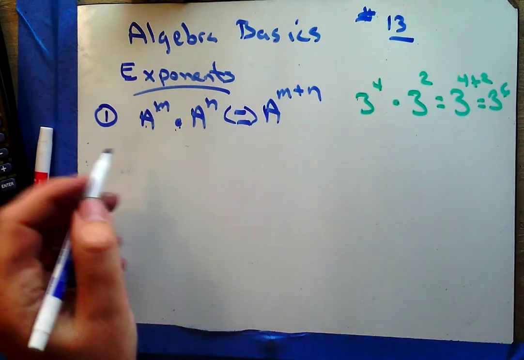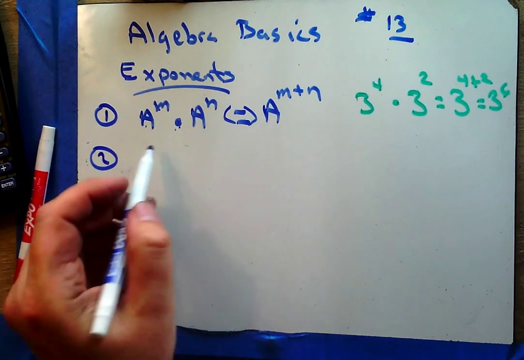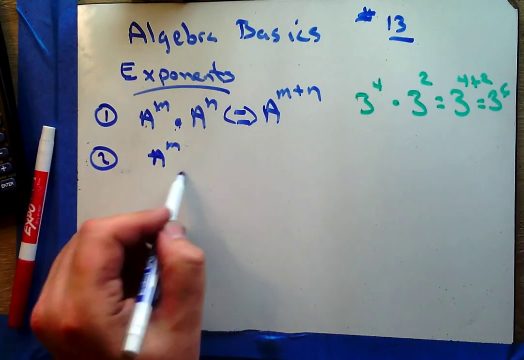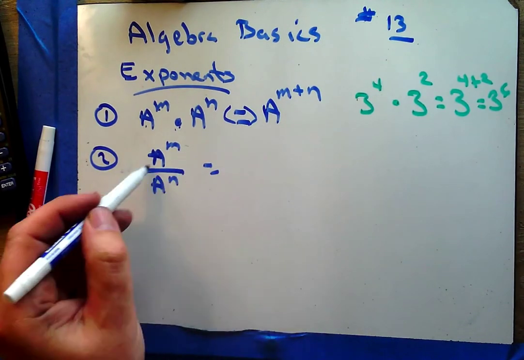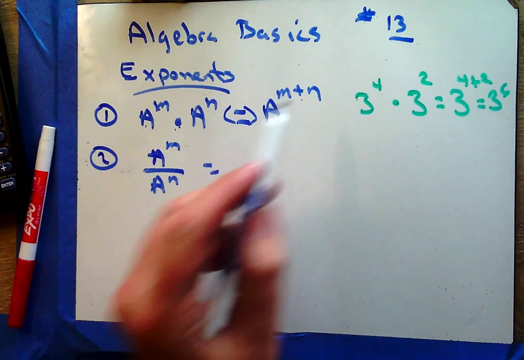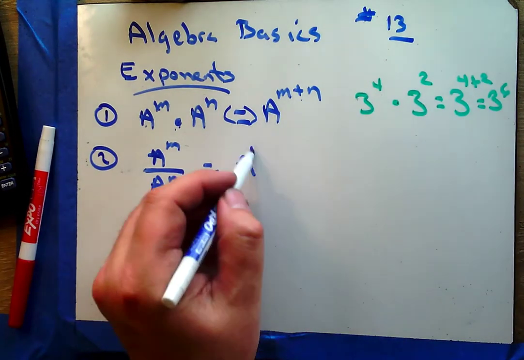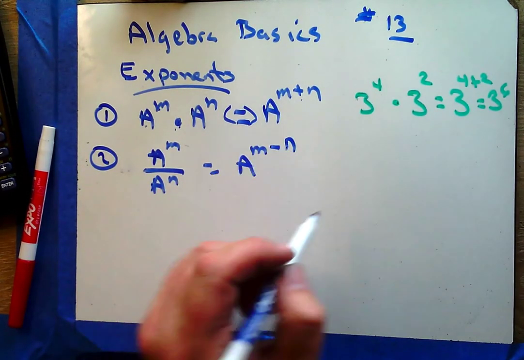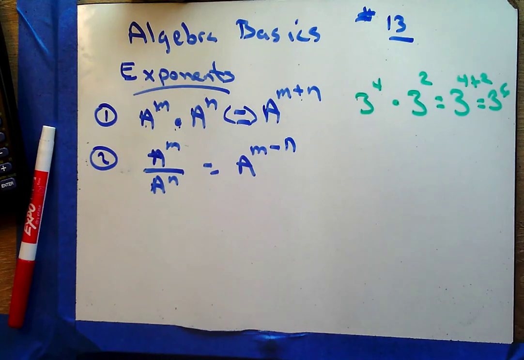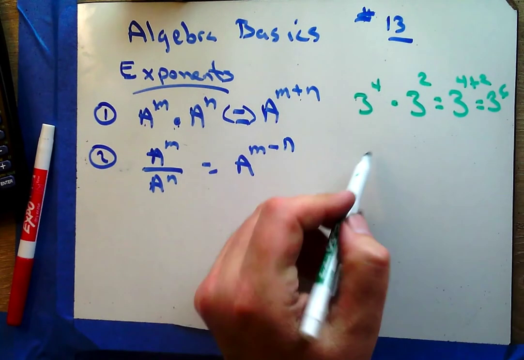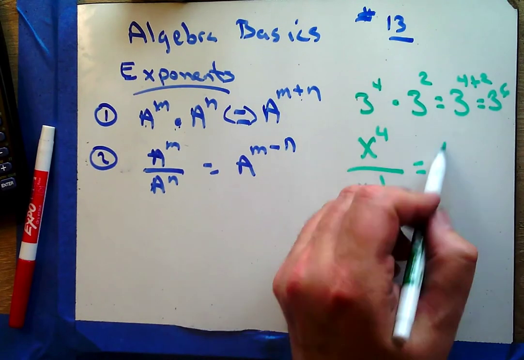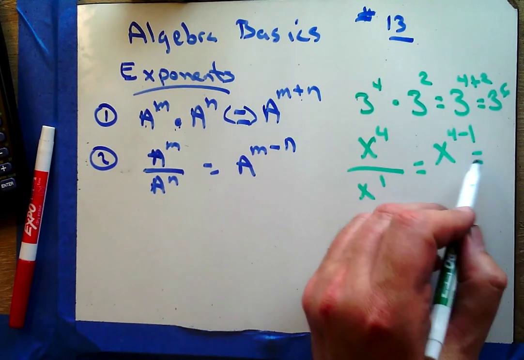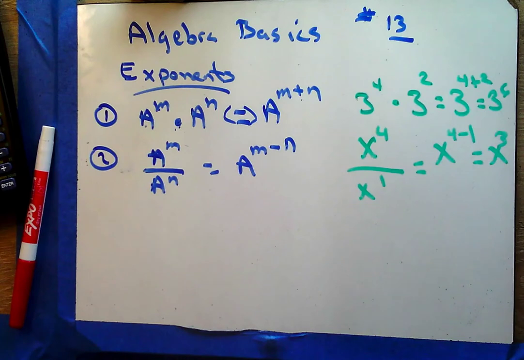2. If that's our product property, we also have a quotient property. When I'm dividing and the bases are the same, I won't add the exponents, I will subtract the exponents. So if I have x to the 4th over x to the 1st, that's x to the 4 minus 1, or x to the 3rd.